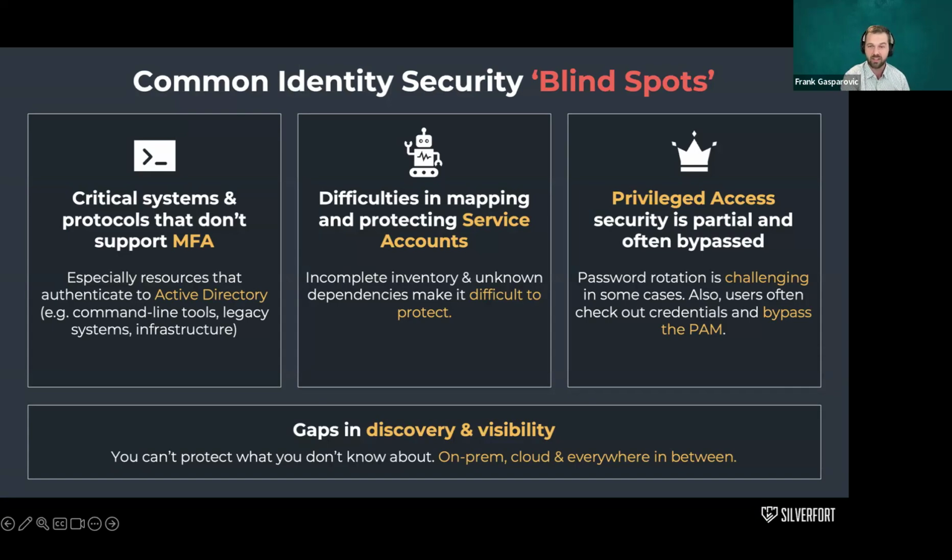But in reality, there are many privileged accounts that are just too difficult to protect in this way. Another problem we see is that folks will check out these passwords, they'll log into a PAM solution, they'll grab the credentials, but then the next time they'll just use these credentials directly with the server and bypass the PAM solution entirely.